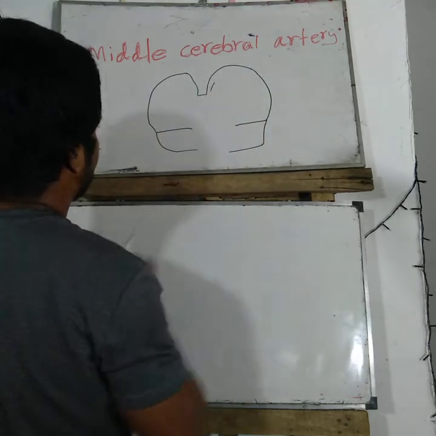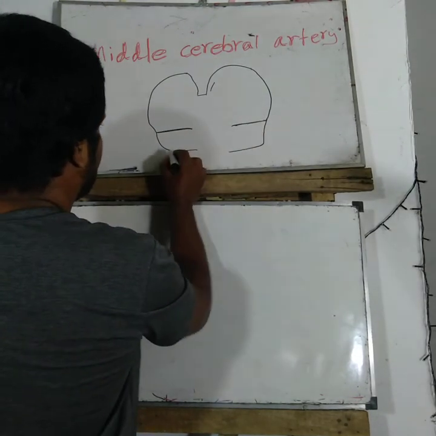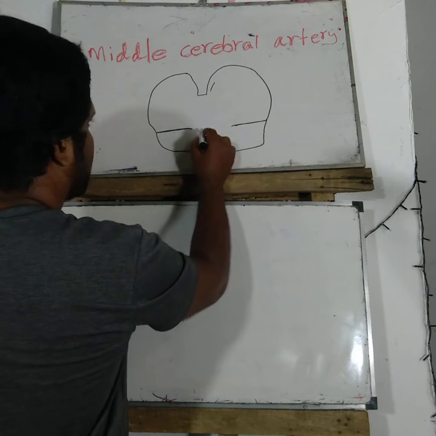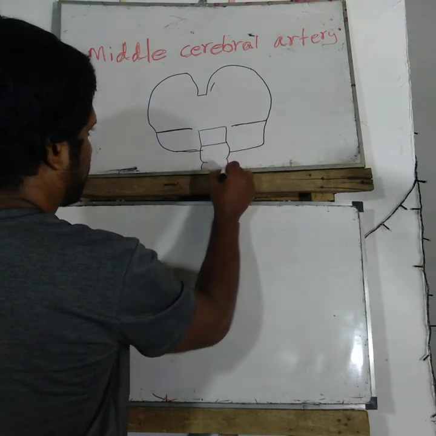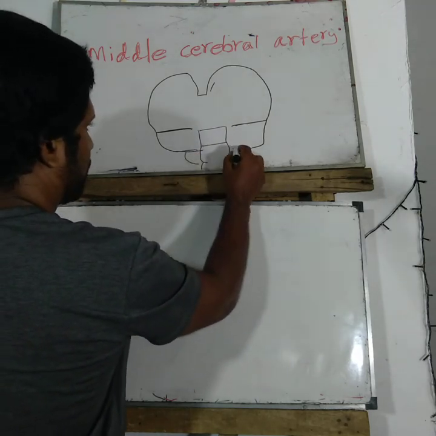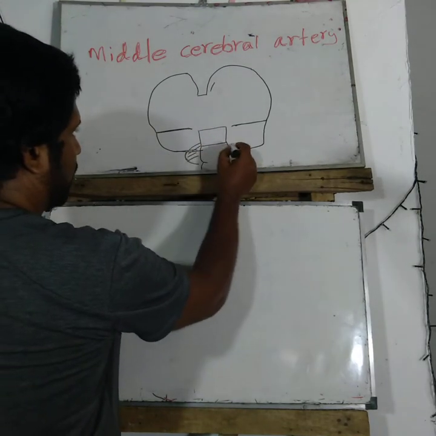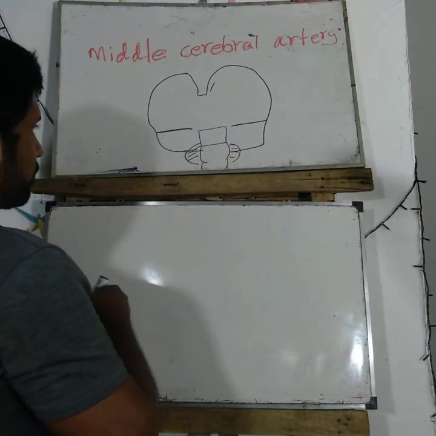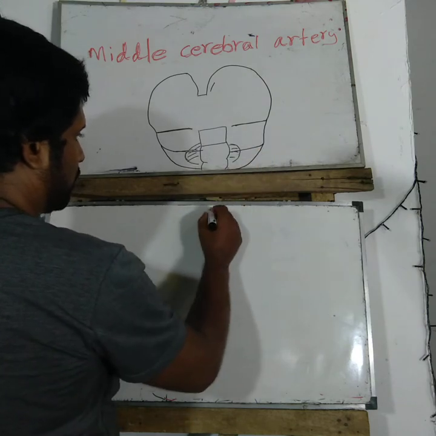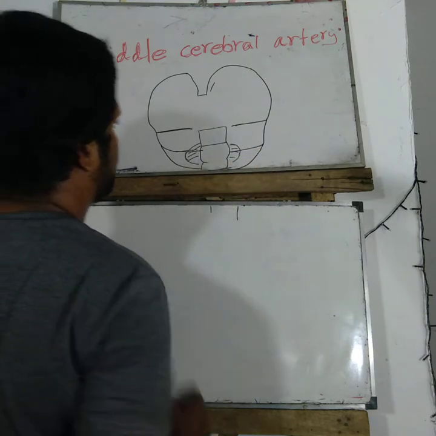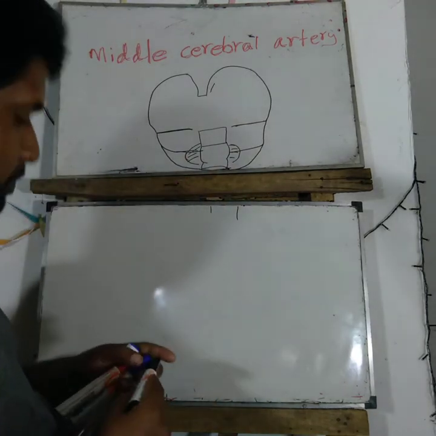Transverse tentorial, transverse and tentorial area. Brain stem. Cerebellum. Foramen magnum.